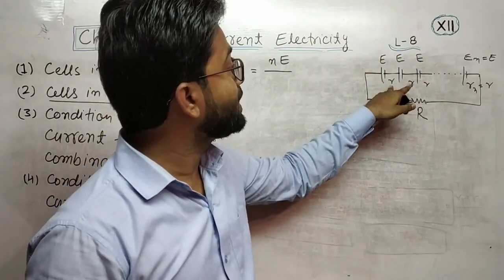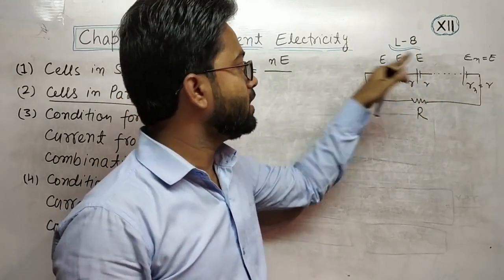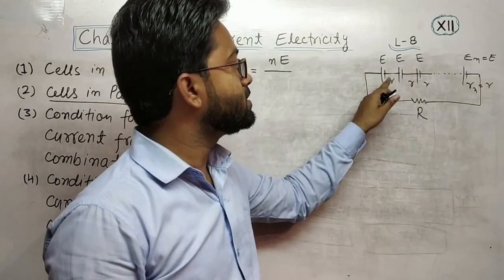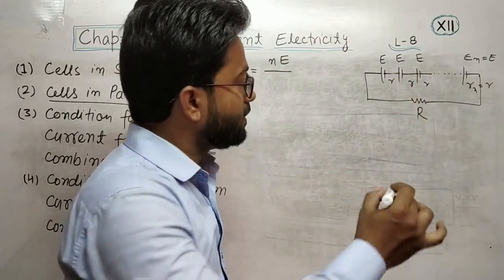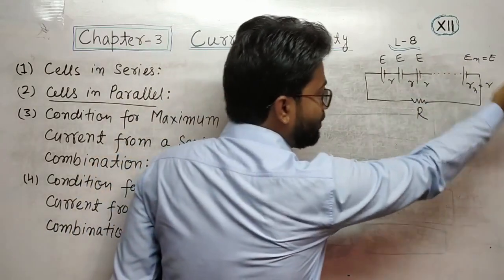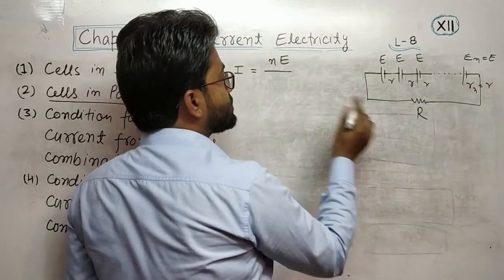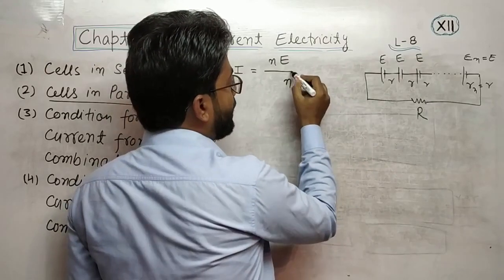If 5 resistances are there, then 5r, 4 resistances, 4r, 10 resistances, 10r. Then in place of 10, if you take n number of cells, then the total resistance will be equal to nr.